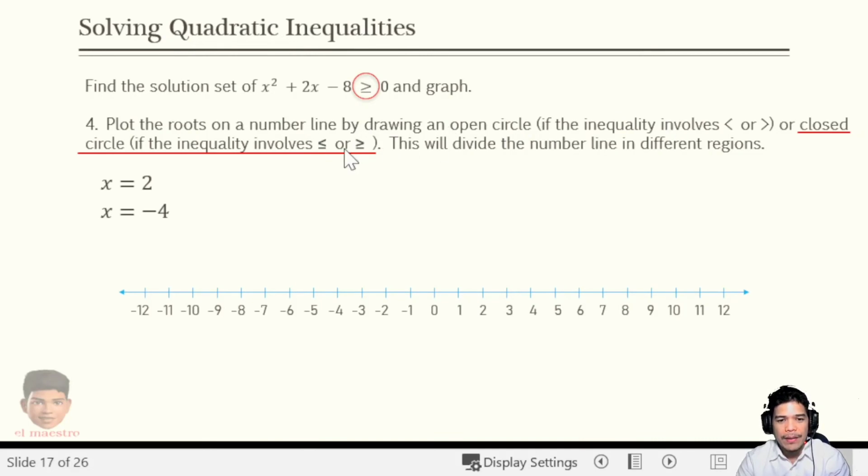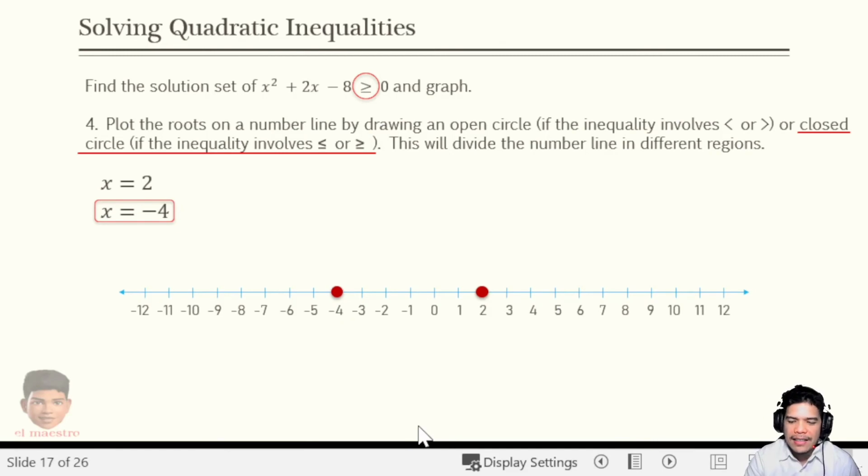But since this is greater than or equal to, gagamitin natin yung closed circle. So, paano ba yan? So, ang gagawin natin, i-plot natin si x is equal to 2. Hanapin natin dito, this one. Nakuha nyo, closed circle siya. Hindi siya hollow. Walang butas. The same with here, negative 4 dito. So, tingnan nyo, negative 4.